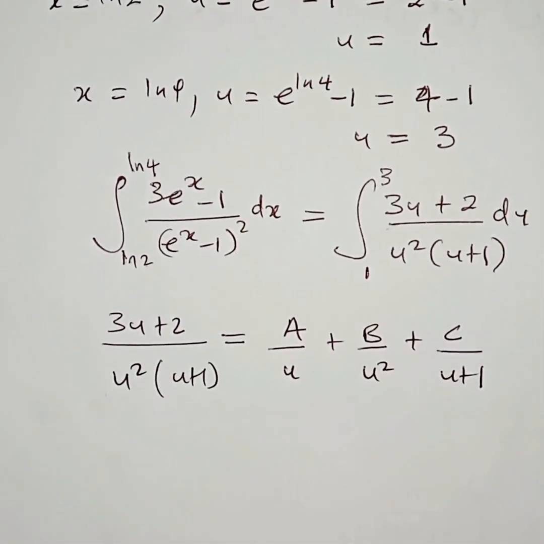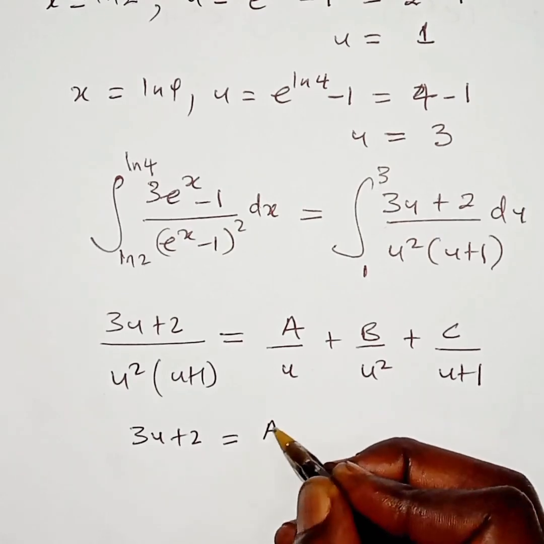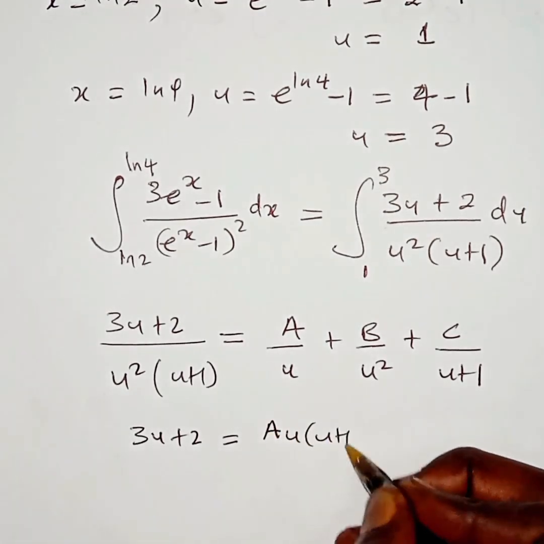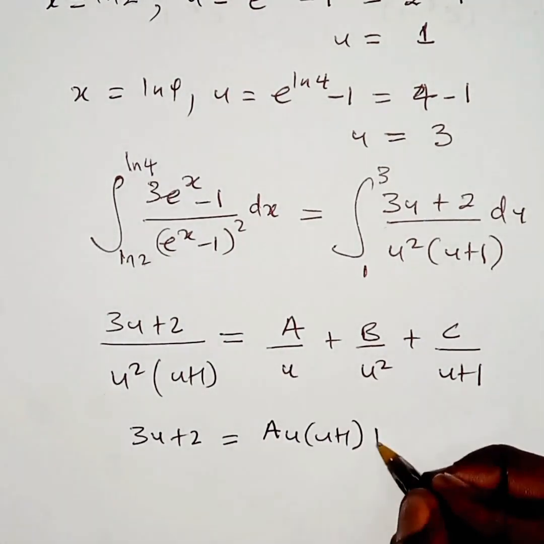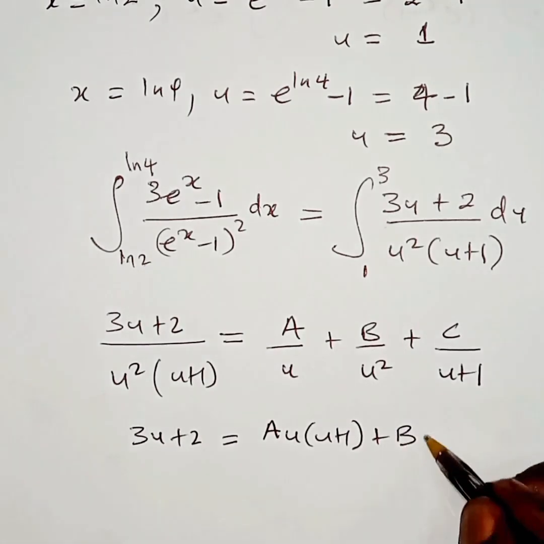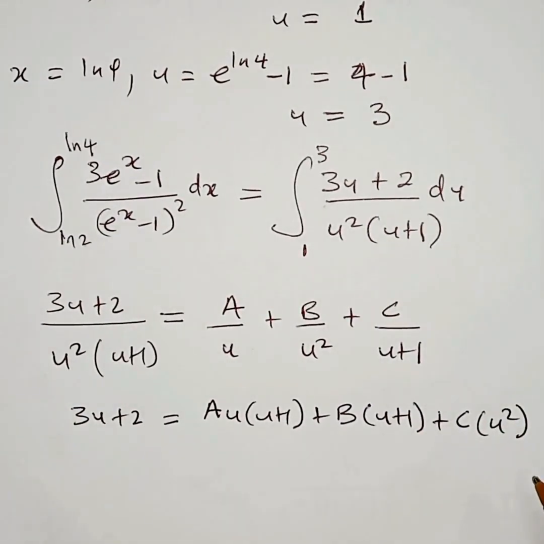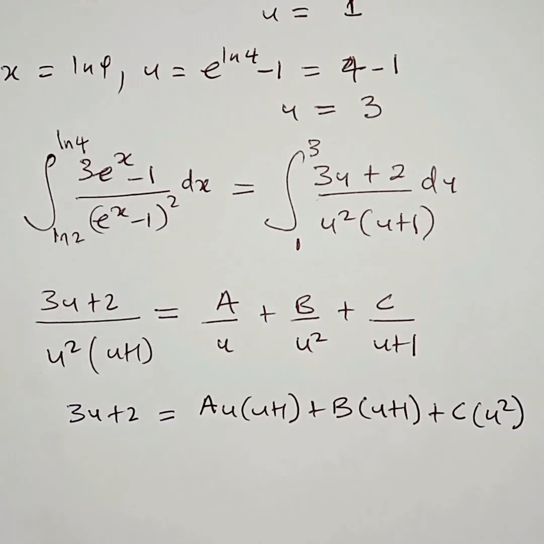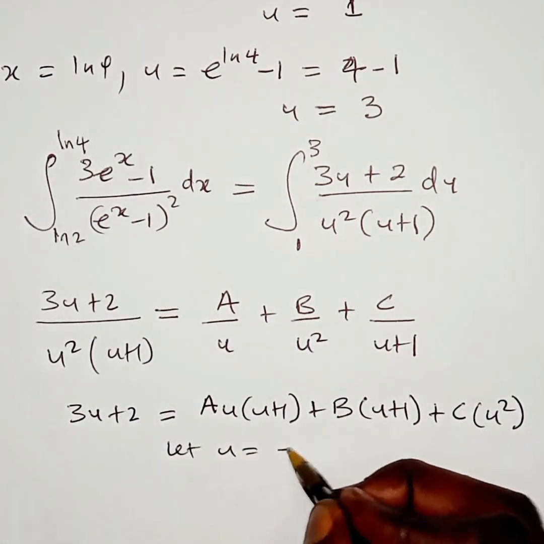So we are going to have 3u plus 2 is equal to A u (u plus 1), like when you multiply this by that, you are going to get that, then plus B (u plus 1) plus C u squared. All right. Now we are going to use the cover-up method of decomposing into partial fractions. We are going to say let u is equal to minus 1.